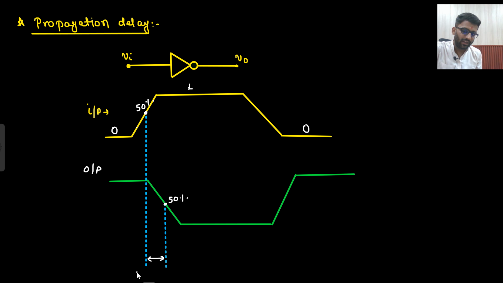So if it was going high at t equals to 0, it is going down at t equals to some time. So this is the delay. So this delay is known as delay when output is going from high state to low state. So TPHL it is called: propagation delay when output is going from high state to low state, TPHL.